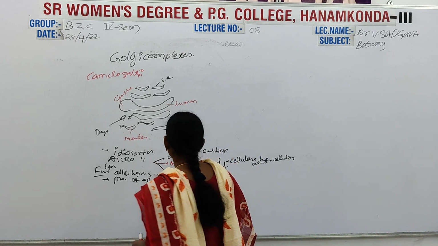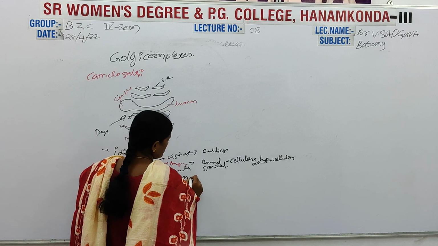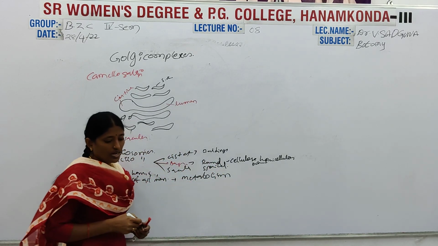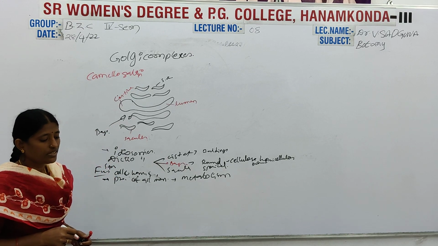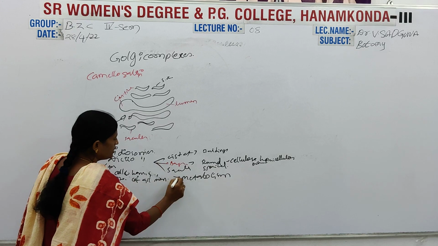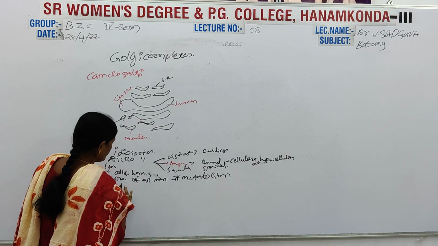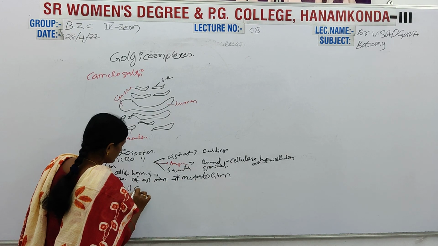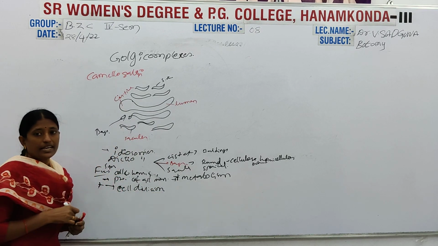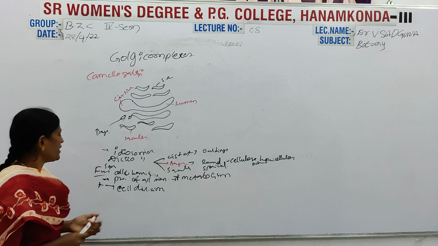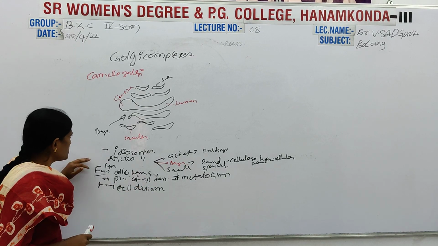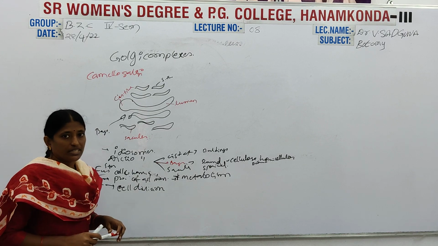The Golgi complex is most important in metabolism. Also important is cell division. Metabolism as well as cell division are the most important functions of the Golgi complexes.